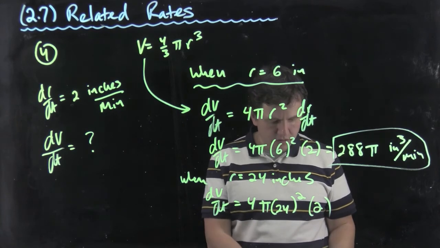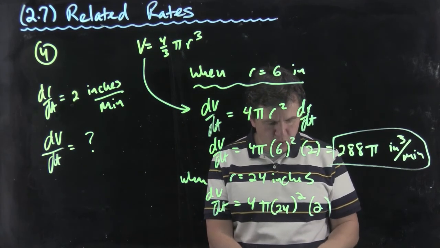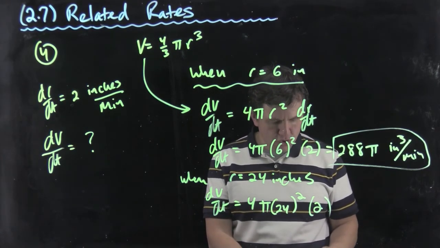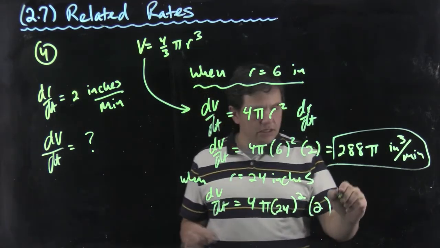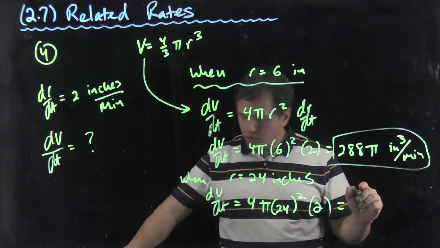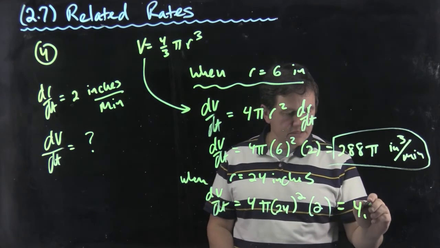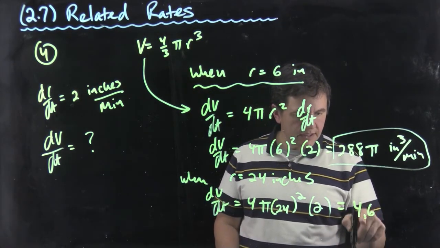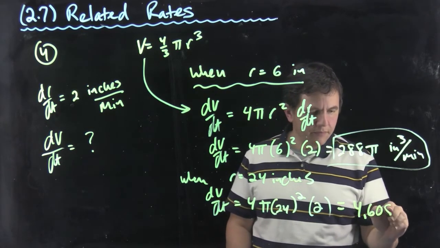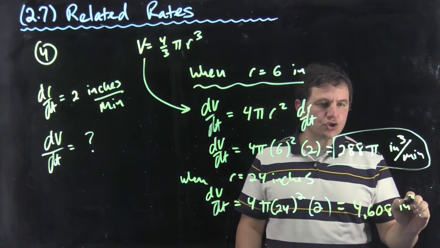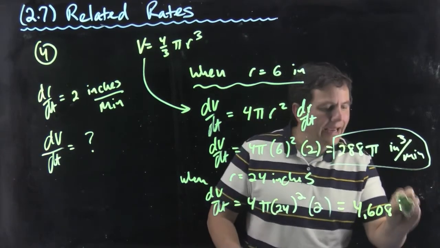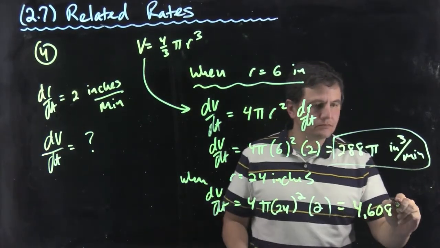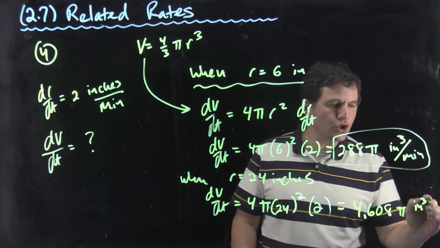So 4 times 24 squared times 2. So what we get here is 4,600, and that's a comma, not a decimal point, and that's inches cubed. Pi, and that is inches cubed per minute.